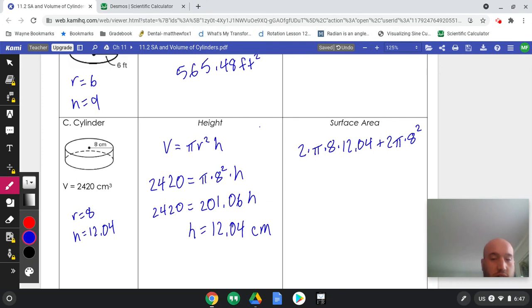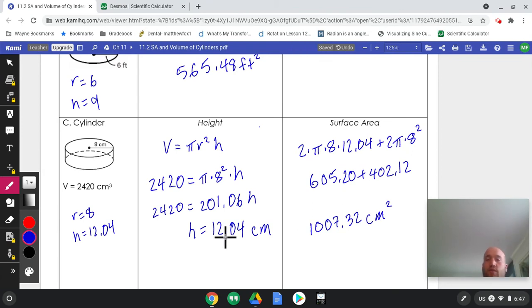Now when we do this, once again, you can use your calculator. 605.20 when we round over here, plus 402.12. And we combine our two numbers, and we get 1,007.32 centimeters squared.